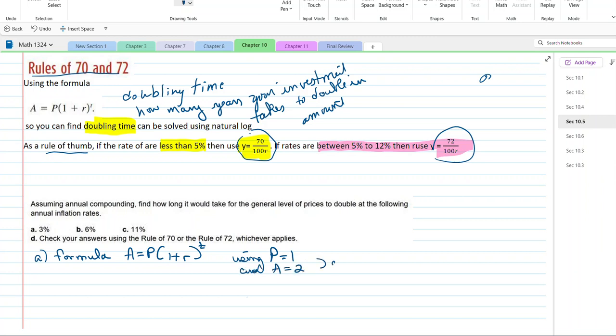Double. So let's look at it this way. For our rate, we have 3%, which equals 0.03 as a decimal.